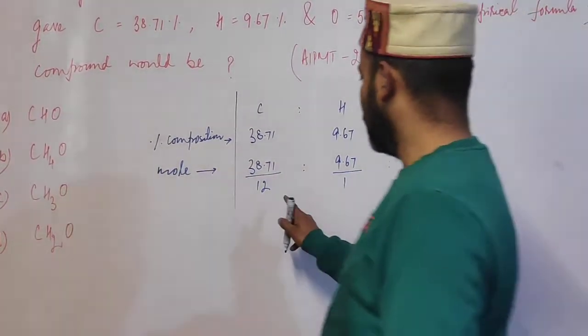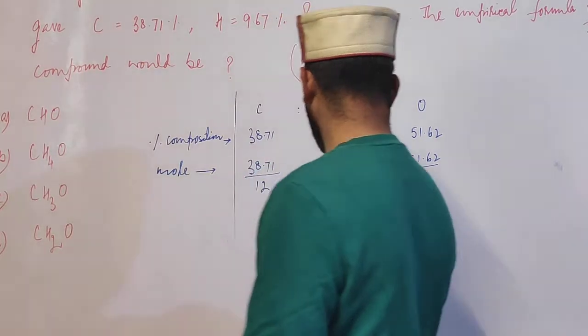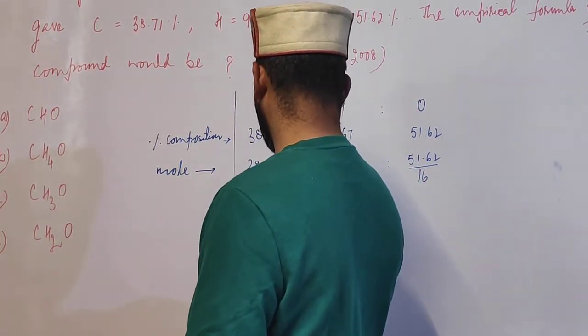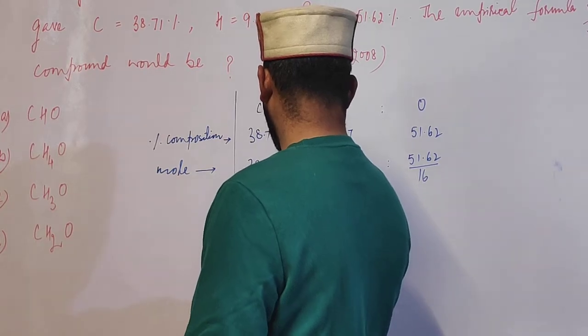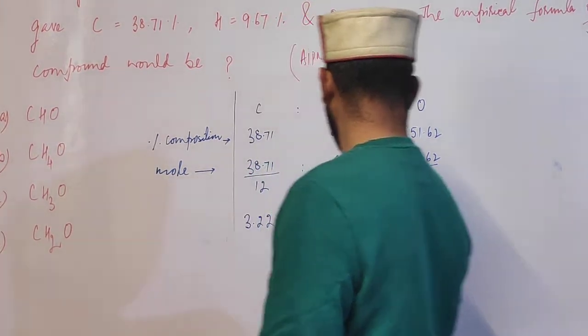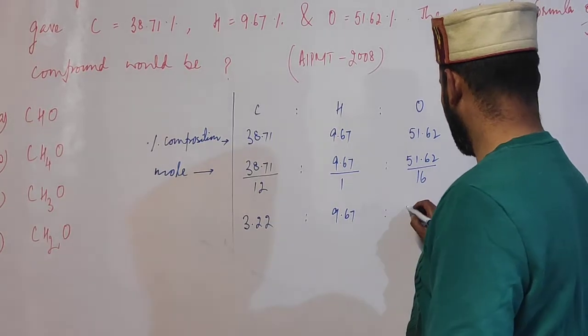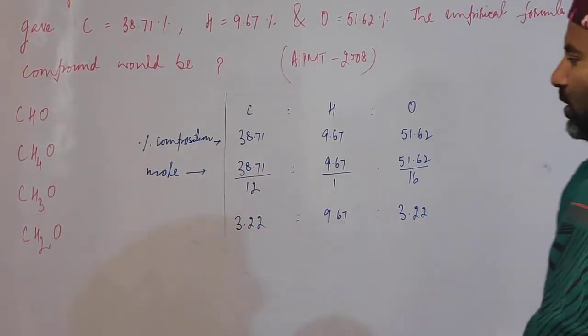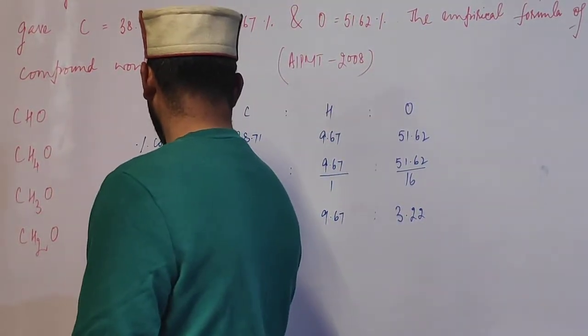Solving this, we get 9.67 only, 3.22 for carbon, and for oxygen 51.62 divided by 16 is also approximately 3.22. So this is your mole ratio.